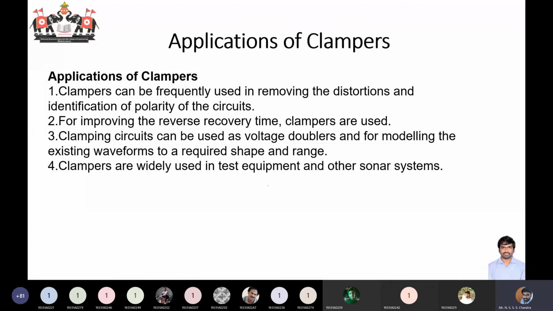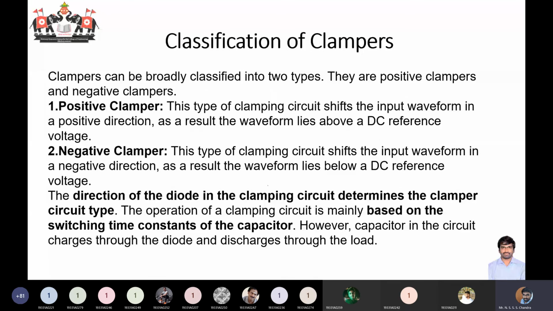If such a requirement is there, then you will be using the clamper circuit, and you will be able to get the 20 volts. And then clampers are widely used in test equipment and sonar systems. These are the applications.